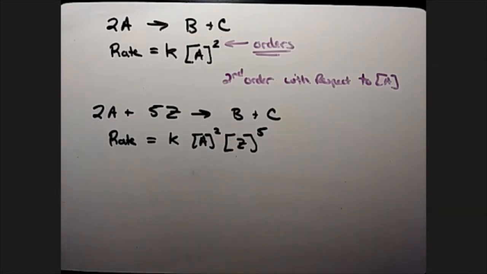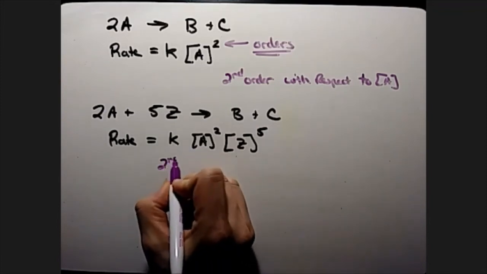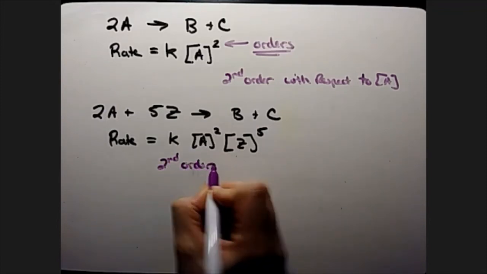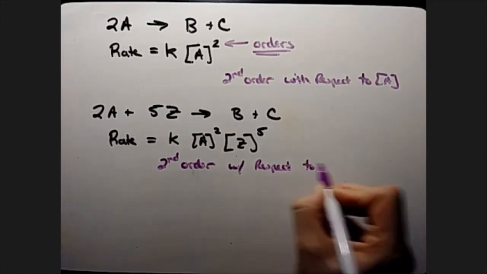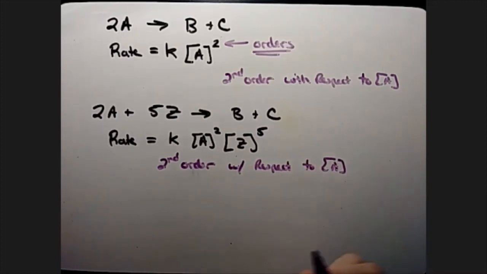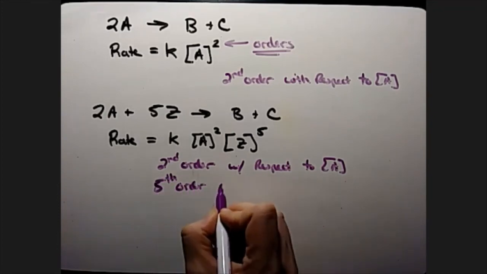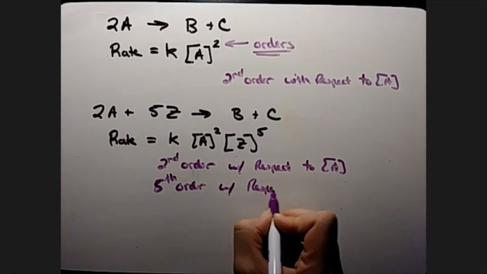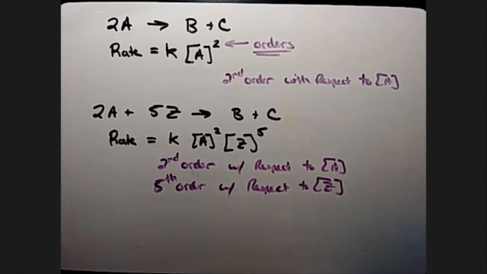Now this one is even more kind of interesting. So this reaction is second order with respect to the concentration of A. This reaction would be fifth order with respect to the concentration of Z.